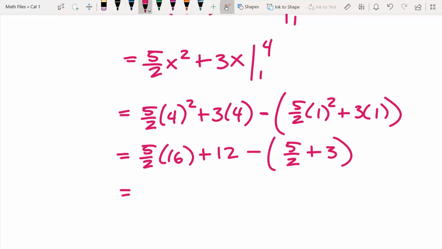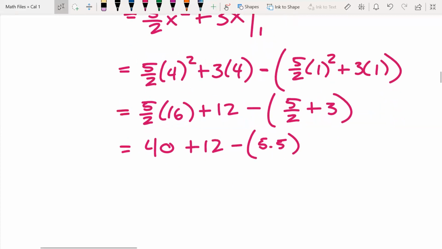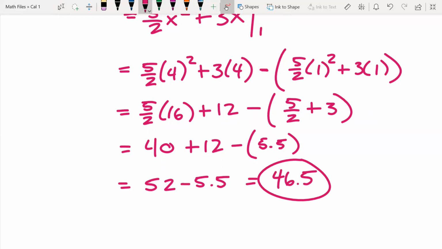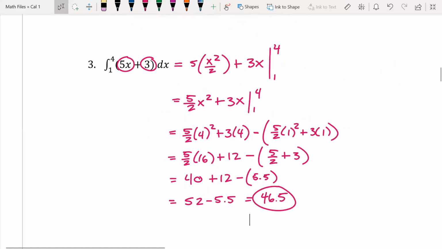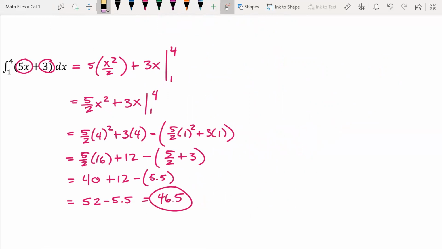And that is 2, that's 8, that's 40 plus 12 minus, just change that to decimal, 2.5 plus 3, 5.5. And 52 minus 5.5 gives me 46.5. Yeehaw. Okay.